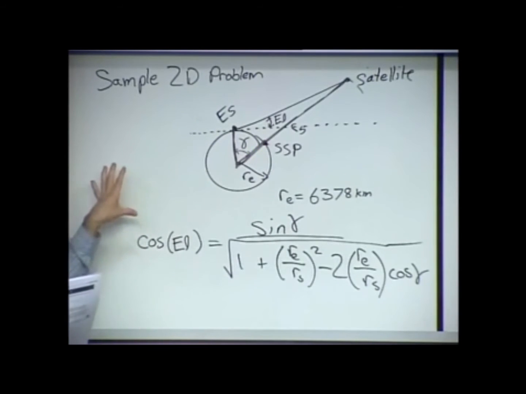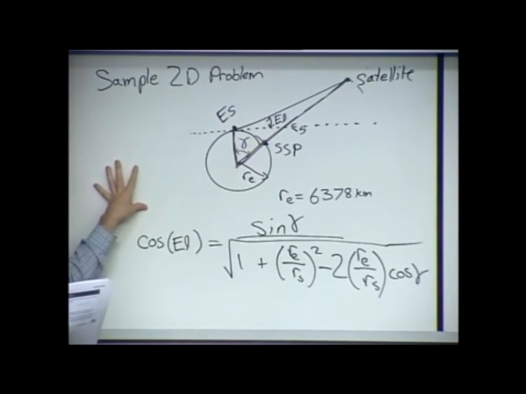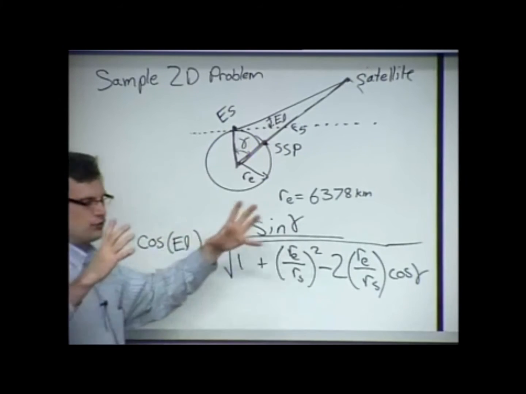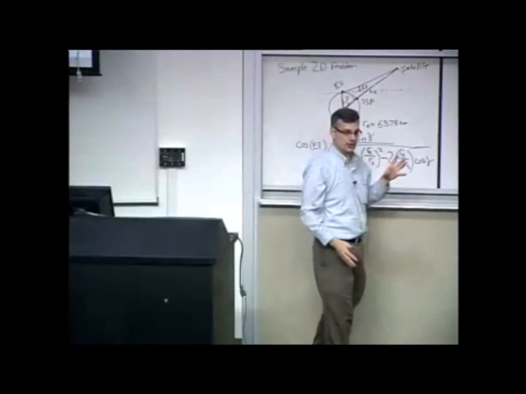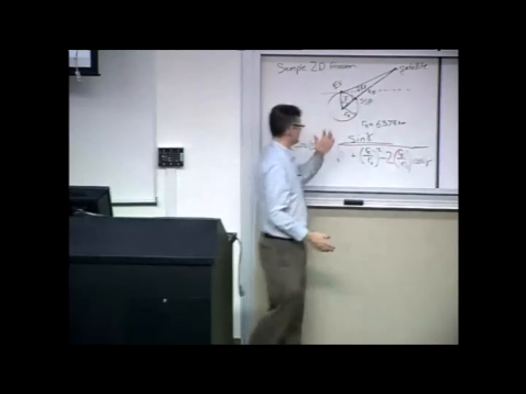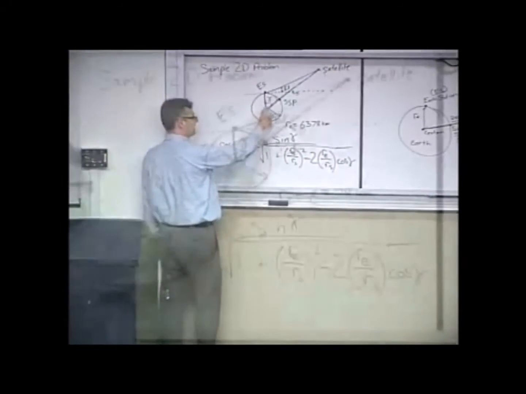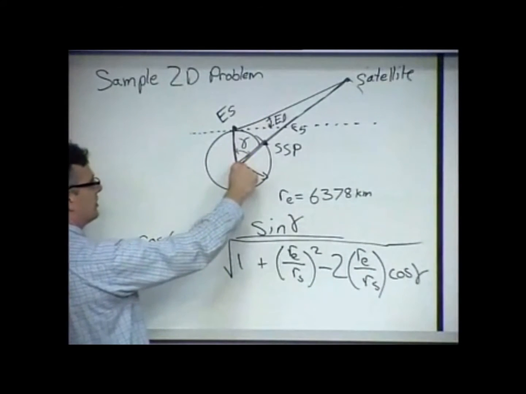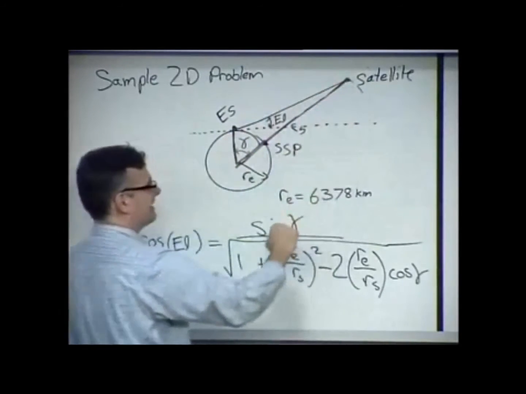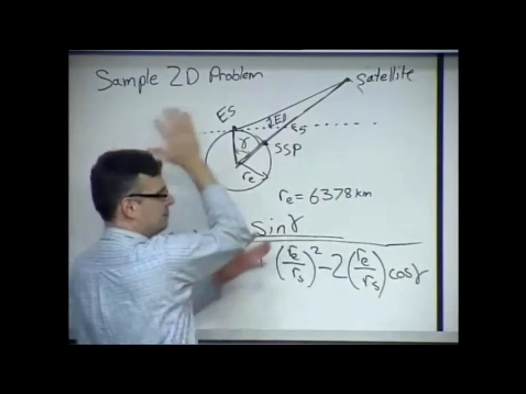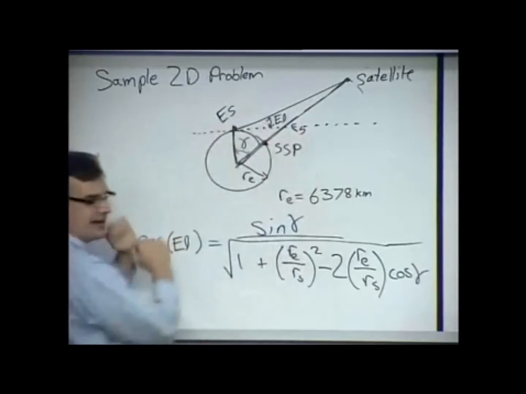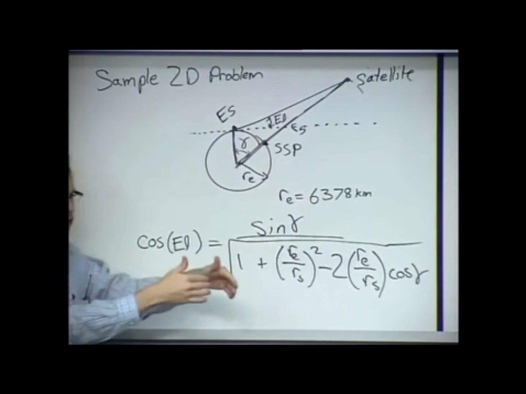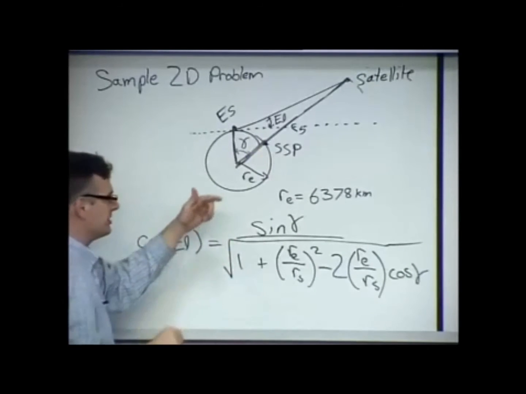Now, we're going to use this for our 3-dimensional formula. Our 3-dimensional formula is basically just going to add another step. Keep in mind, every 3-dimensional problem, if you slice it right, is a 2-dimensional problem. If I take a slicing plane that contains the centroid of the Earth, the Earth station, and the satellite subpoint, I will slice that 3D problem, and in a cross-section, it will look exactly like this.